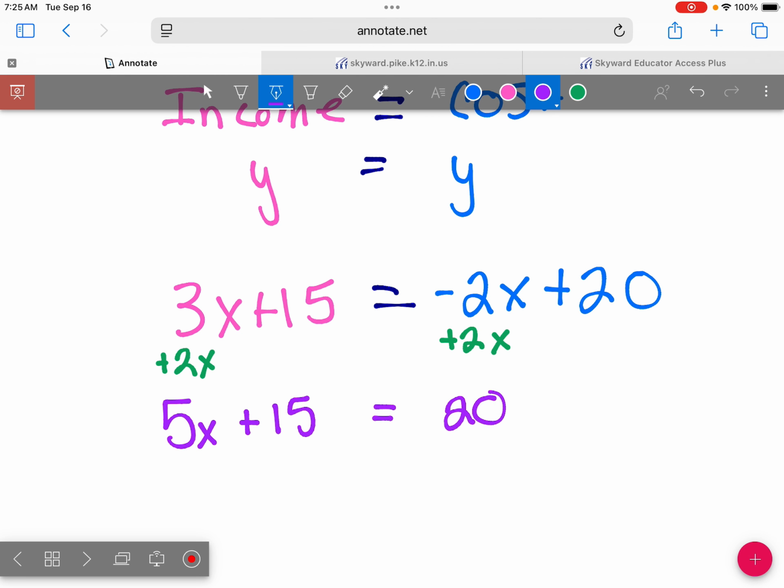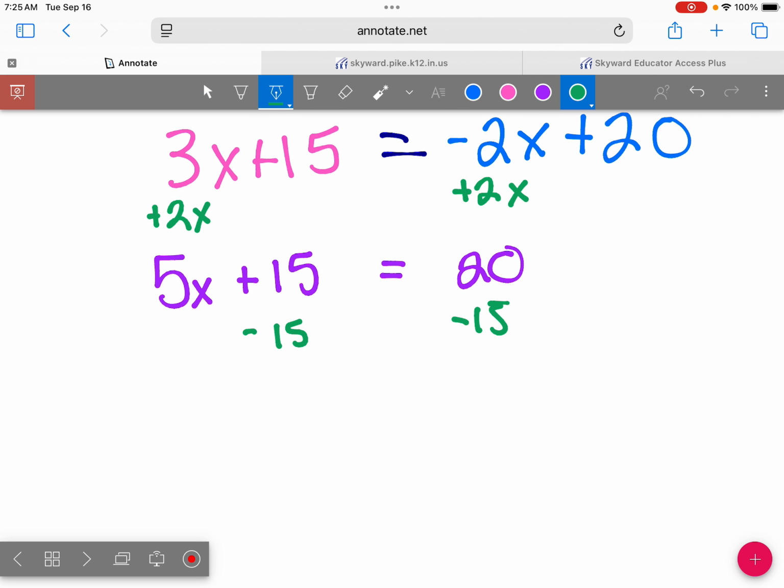What do we do next? We'd subtract 15. I'm right there with you. I want to get those x's by themselves, so it's minus 15 from both sides. So we get 5x equals 5.